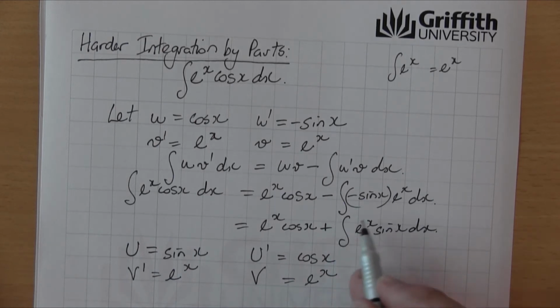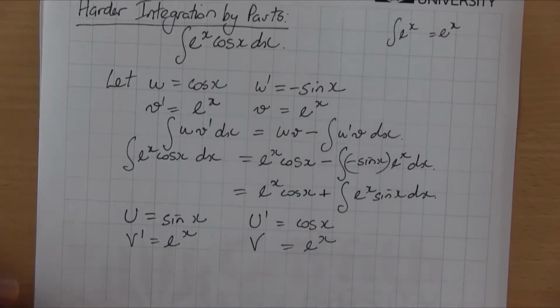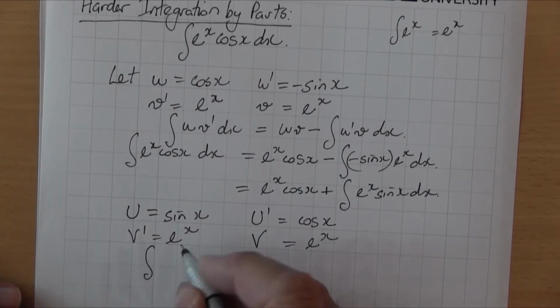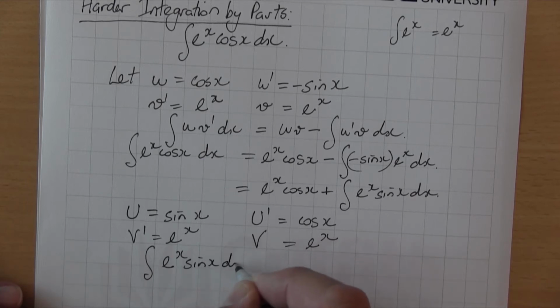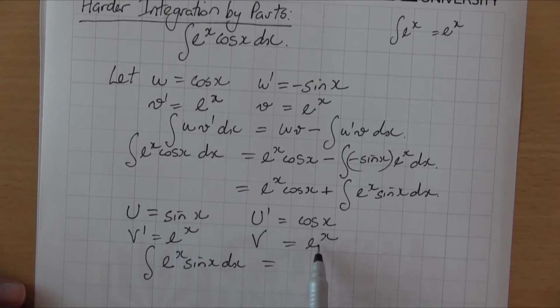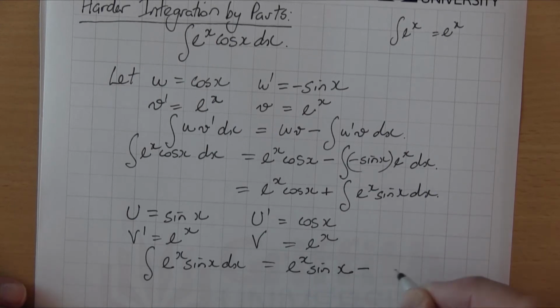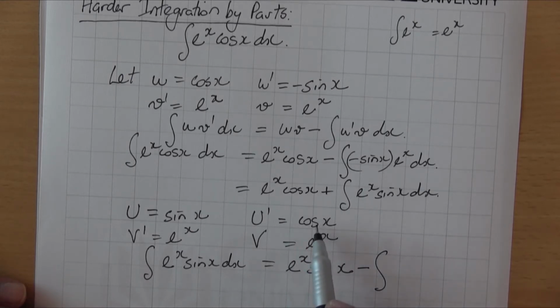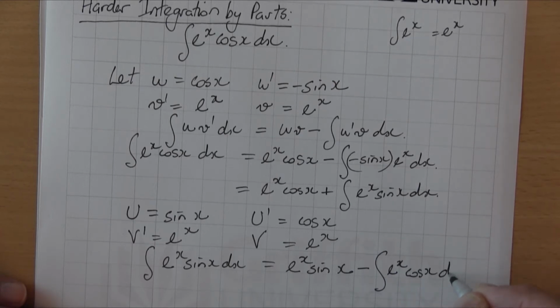So just looking at this second integral here, we can say that the integral of e to the x sin x dx is equal to uv. So we'll put e to the x in front of sin x, a better way to write it, minus the integral of u dash v, so e to the x cos x dx.